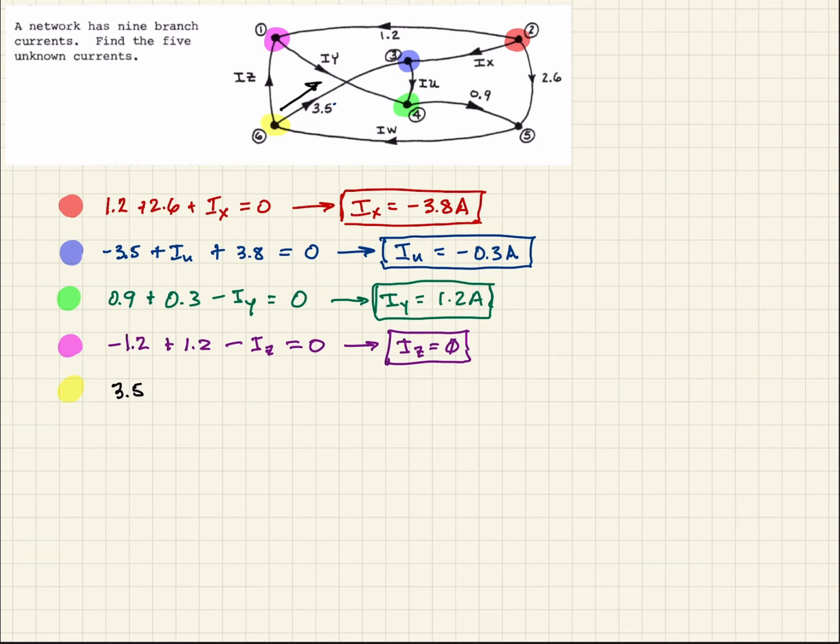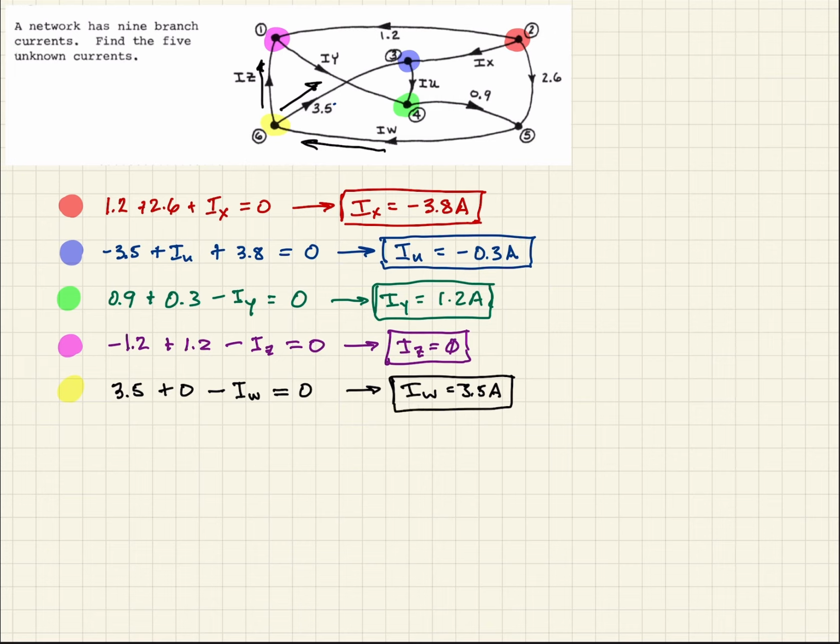Then here we have this I sub z leaving the node, but we calculated IZ as 0, so we'll just say plus 0. And finally, we've got this IW, which we're assuming is going into the node, which is in the negative direction. So we'll say IW, and we add those up, and they must equal 0. When we solve for IW, we see that IW must equal 3.5 amps.